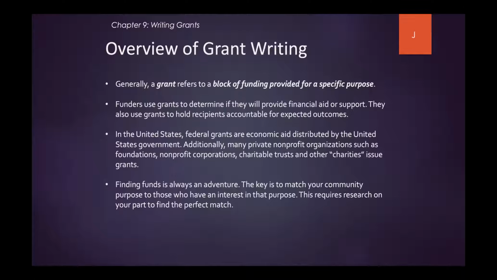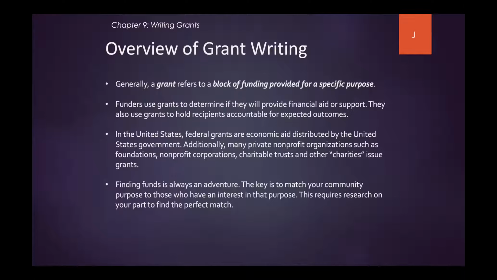So again, a grant is basically a block of funding that a funder is providing you and your organization or group, those financial resources to achieve some very specific purpose that's within the mission of that grant funder. Funders use grants to determine if they're going to provide financial support. They also use grants to hold recipients accountable for expected outcomes.